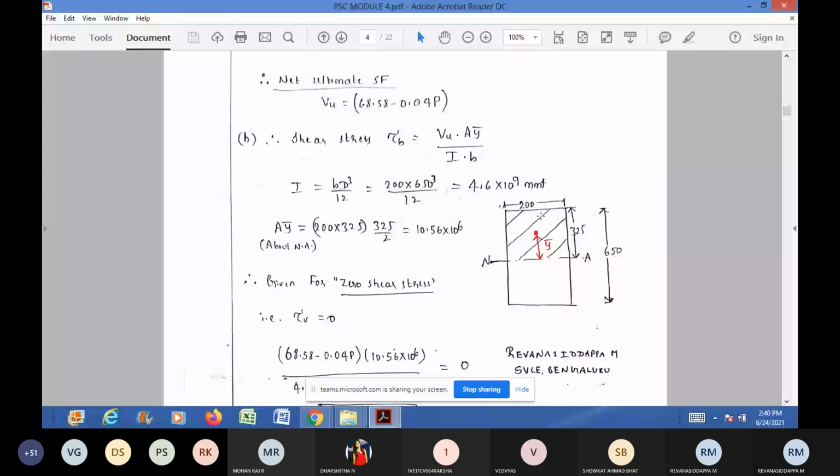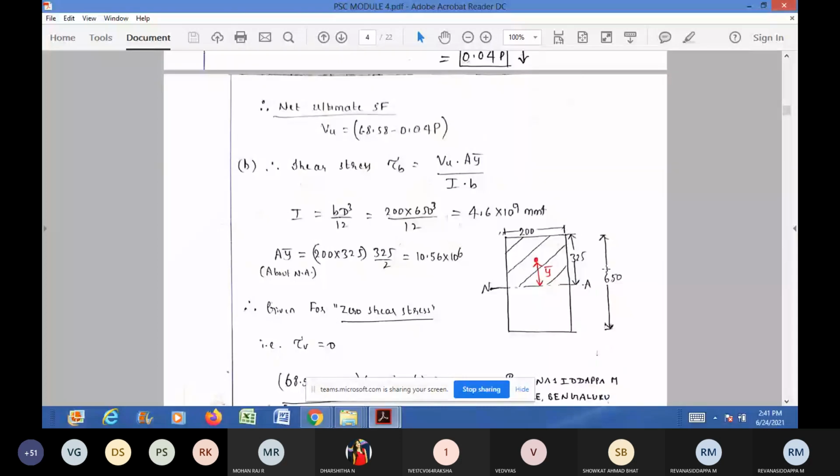You give shading to the area which is above the neutral axis. Draw this diagram, students, and calculate AY bar.